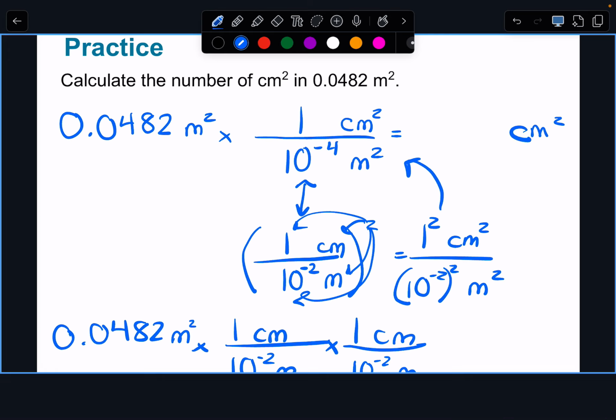Put centimeters squared on top because that's what you're trying to get to. And then figure out what the numbers need to be. The way you do that is you say meters and centimeters. That's a metric conversion. So you plug the numbers in, but you have to then square those values if you want the squared version for your conversion.